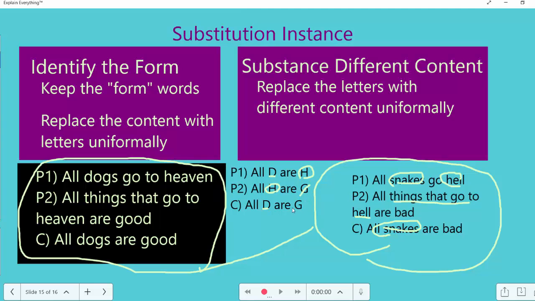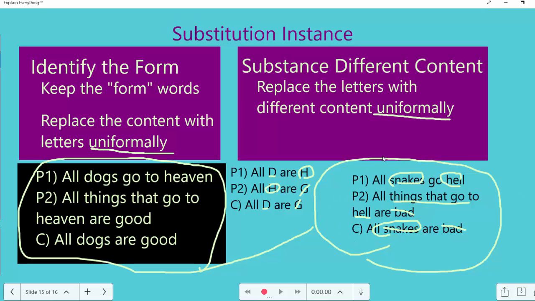And every time we saw a G, I made sure in the corresponding premise and conclusion to use bad, to talk about bad things. And again, I know I'm beating this point like a dead horse. That's what we mean by uniformly.